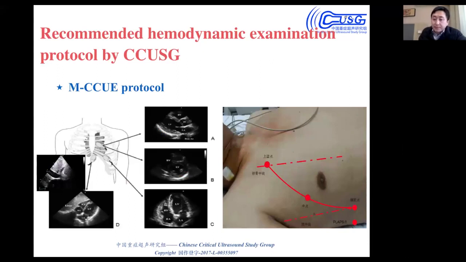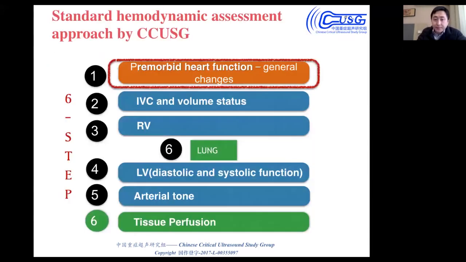And the 4 points we examine on each lung include the upper blue point, the M point, the plus point and so on.